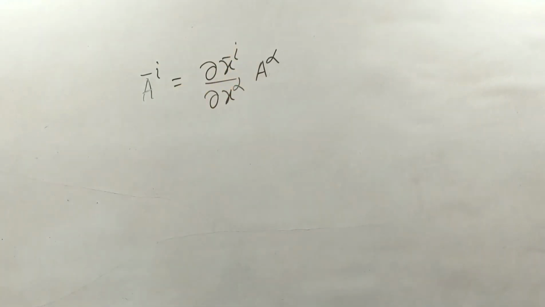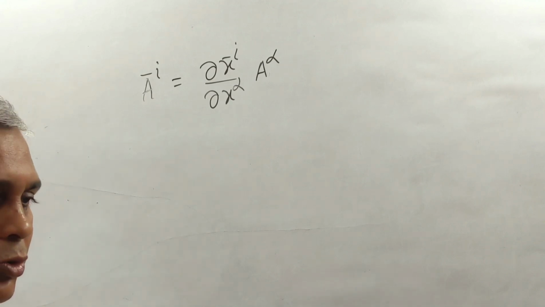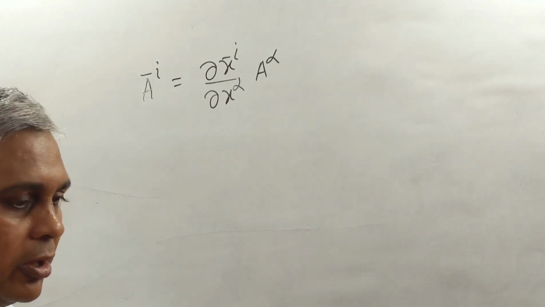This is the way of writing contravariant tensor or contravariant vectors. Similarly, for a contravariant tensor of rank 2, we will follow this rule.